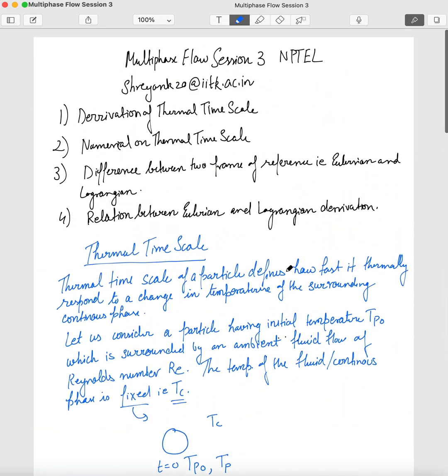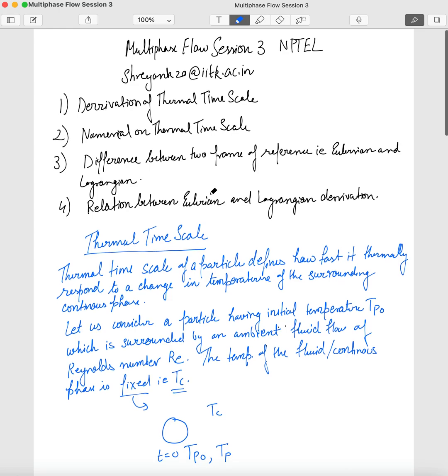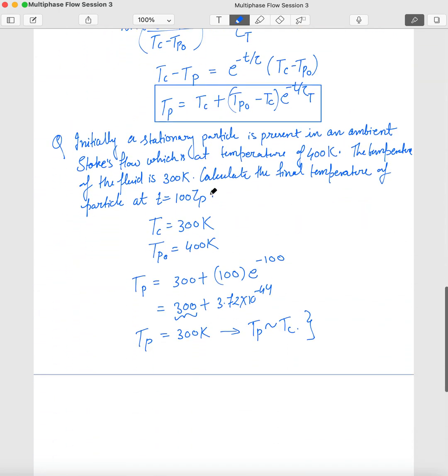Now, so the first two parts are already discussed. Now let's discuss the difference between the two frames of reference, that is Eulerian and Lagrangian frame of reference. So what is Eulerian frame of reference and what is Lagrangian frame of reference? We need to discuss it.